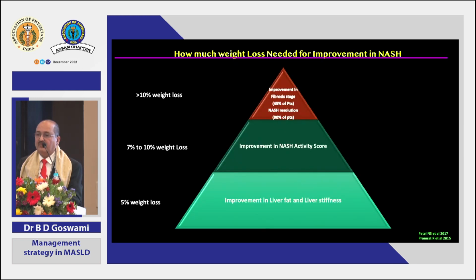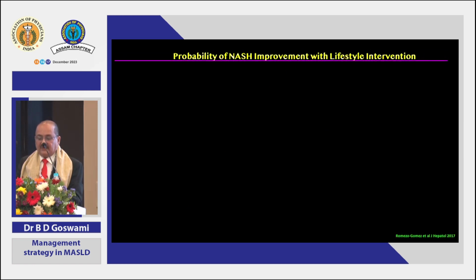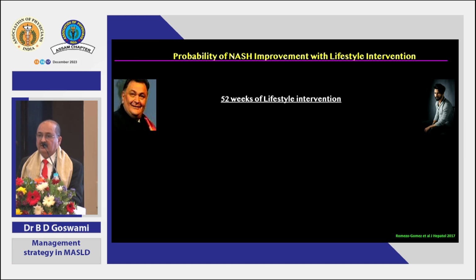And if you can make it more than 10%, even fibrosis can definitely be reversed. If you see from this picture, an overweight or obese person becoming a fit person, on the left side it is Rishi Kapoor, for example, and on the right side it is Shahid Kapoor.